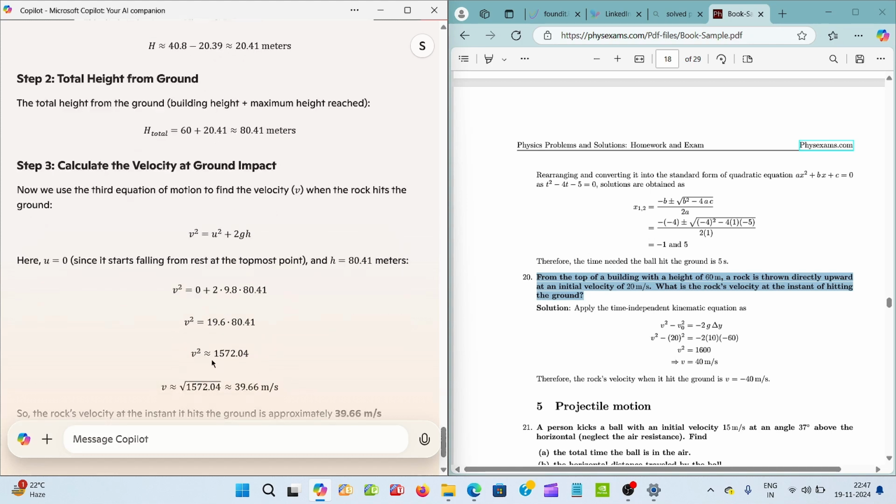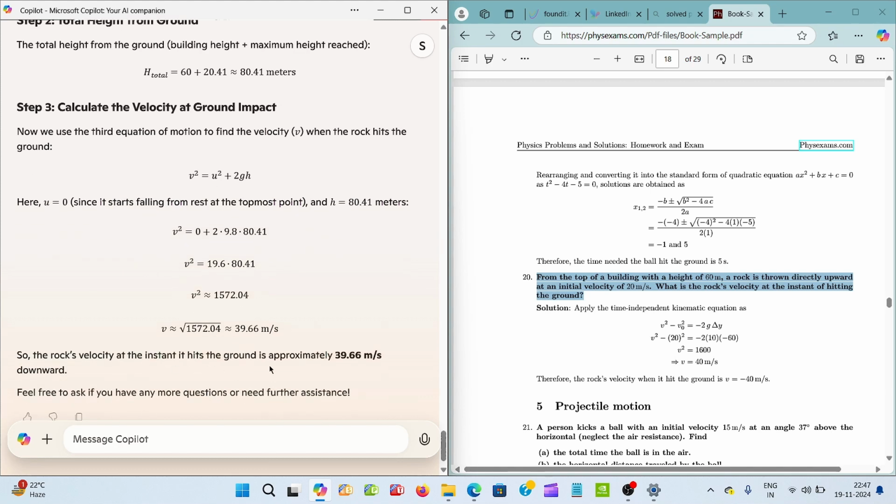So v is the square root of that, 39.66 meters per second. So the rock's velocity at the instant it hits the ground is 39.66 meters per second.